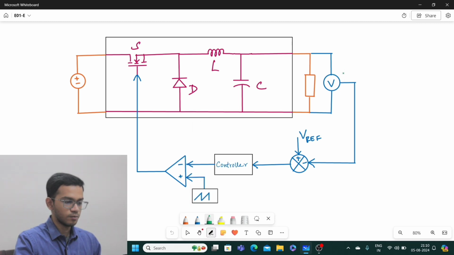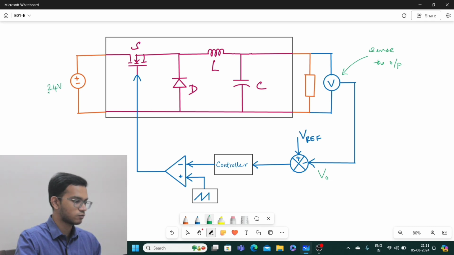First, we will measure or sense the output voltage in this section. So this will be our V0. We give it to a comparator, which will compare this V0 with the reference value. Assume that my converter specification is to convert 24 volt into 12 volt.